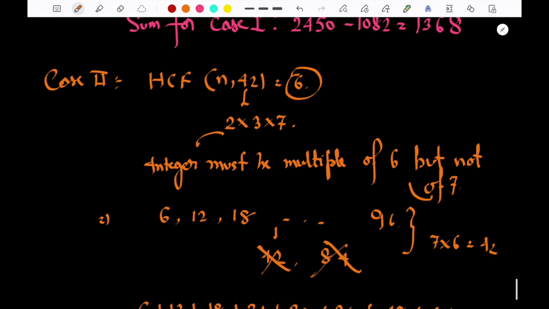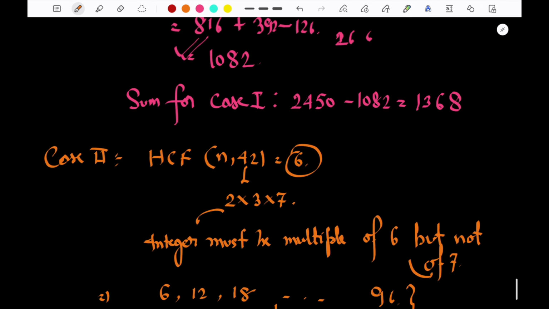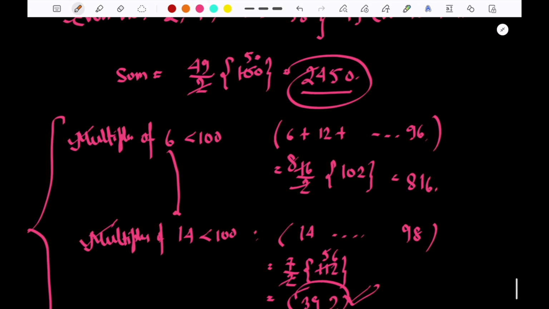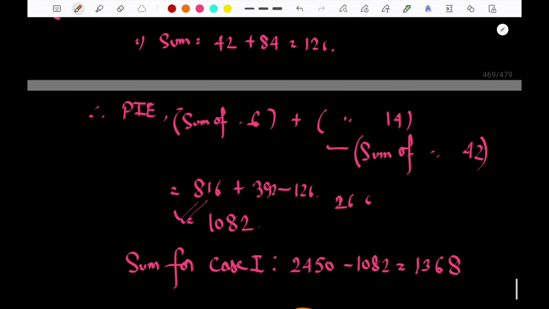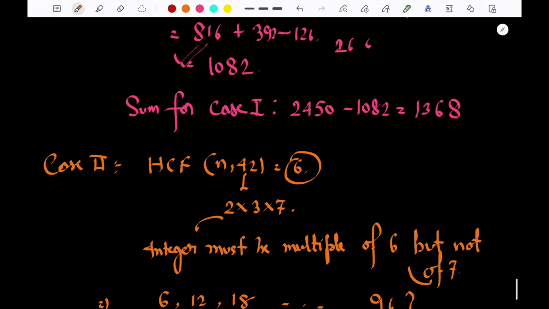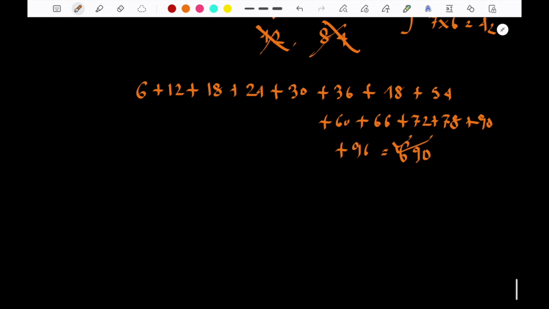So this is 690. Now, these are the total cases. Case 1, case 2, where HCF of n comma 42 is 2 and where HCF of n comma 42 is 6. So these are the two cases. For the first case, what was the total sum? 1082. For the second case, what is the total sum? 690. So overall, what will be the value?